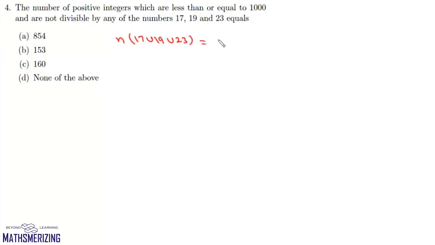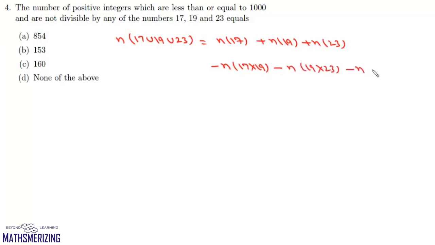Now it'll be equal to the number of numbers divisible by 17 plus the number divisible by 19, plus the number divisible by 23, minus the number divisible by 17 and 19, minus 19 and 23, minus 17 and 23, and then plus the number of numbers divisible by 17, 19 and 23.